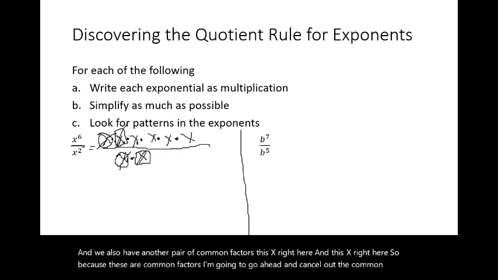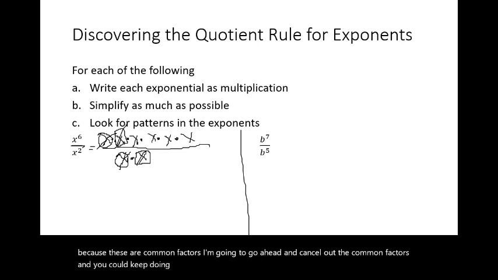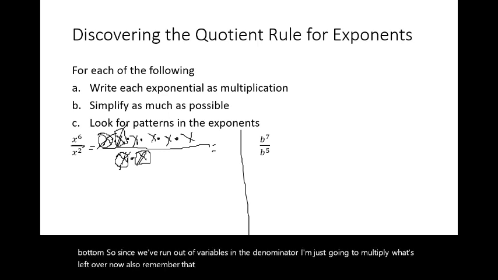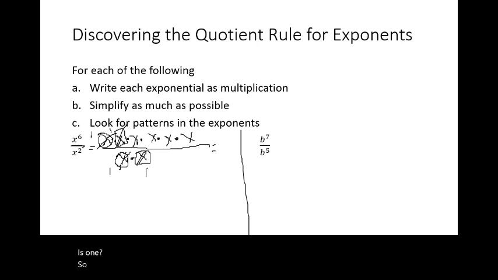And you could keep doing that until you run out of x's or variables on either the top or the bottom. So since we've run out of variables in the denominator, I'm just going to multiply what's left over. Now also remember that when they cancel out, they don't go away, they become 1 because anything divided by itself is 1. So I'm going to multiply what's left over in the numerator.